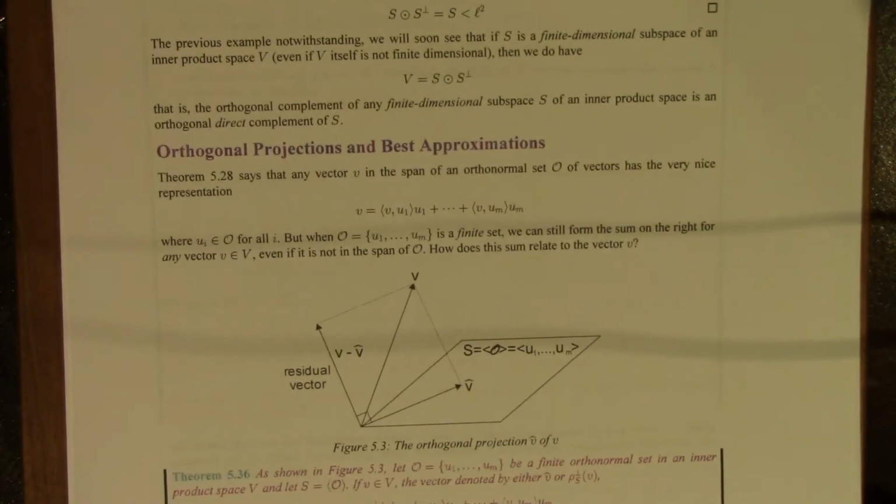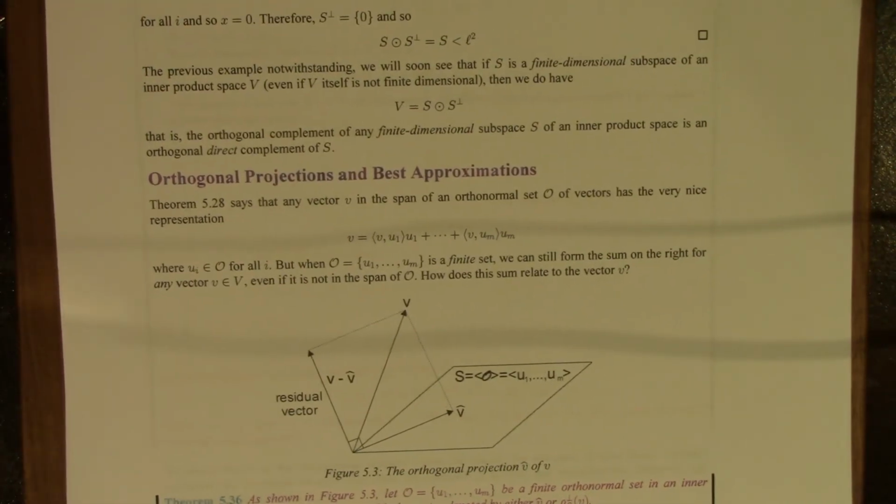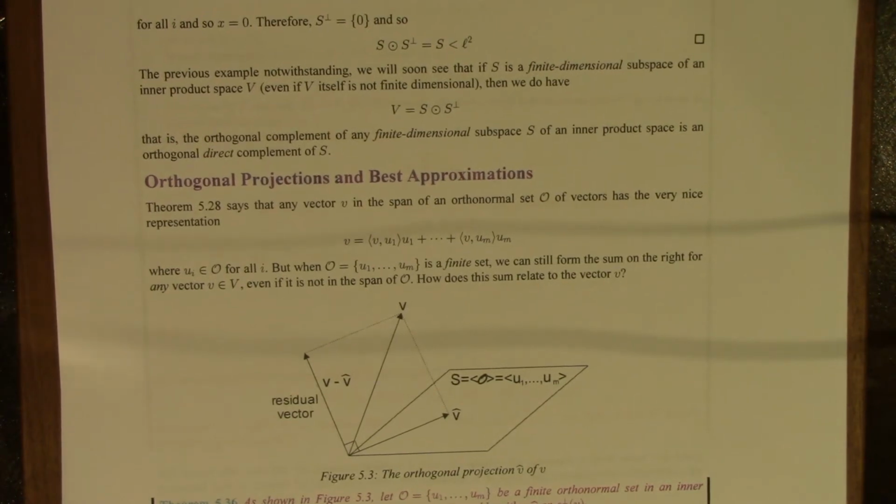I also mentioned that we are going to show that if the subspace S is finite dimensional, then it does have an orthogonal direct complement. And we did see that if a subspace has an orthogonal direct complement, that orthogonal direct complement is the orthogonal complement of S. So that's where we left off.